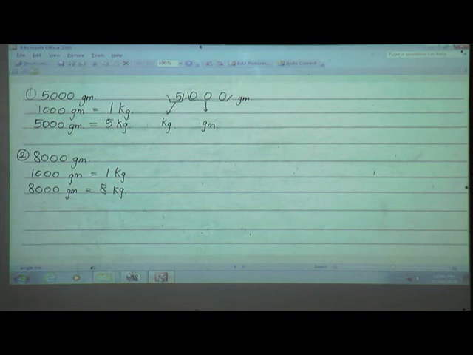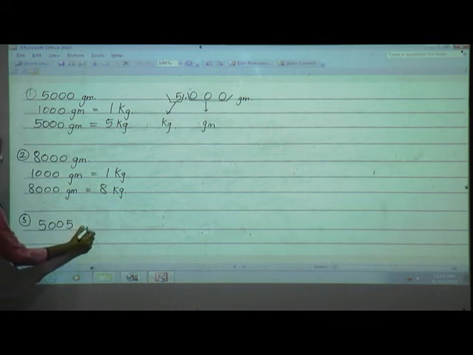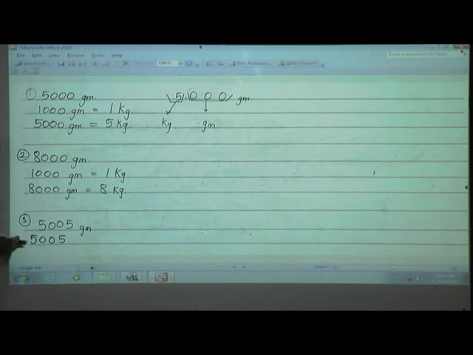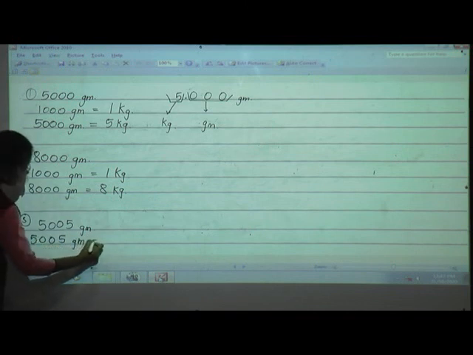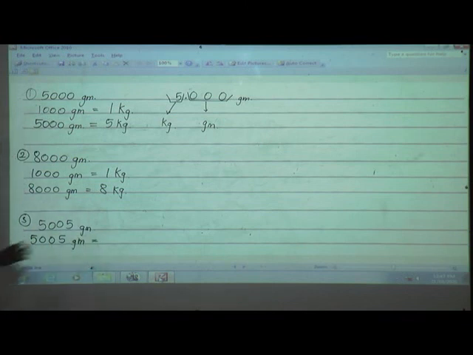Now we'll see the fifth one, 5005 gram. This we have to convert into kilogram and gram. So what we will do? Now we will write the given weight. First of all, 5005 gram is equal to, now we will split up this. Read this number first, 5005.